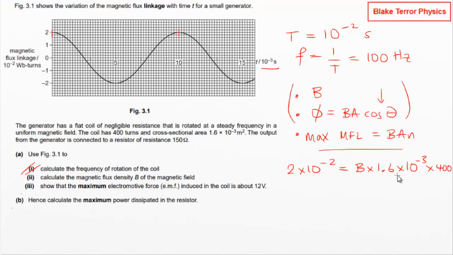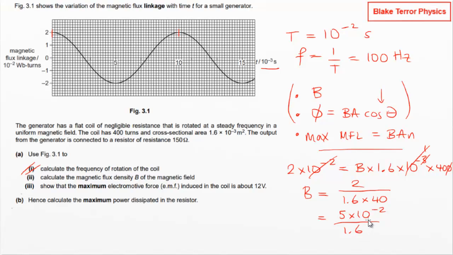So let's get rid of some of these. We can cancel 10 to the minus 2, leave that as a 10 to the minus 1, which we can cancel with the 0 off the 400. So B is going to be equal to 2 divided by 1.6 times 40. 2 over 40 is 5 times 10 to the minus 2, and then divide by the 1.6.